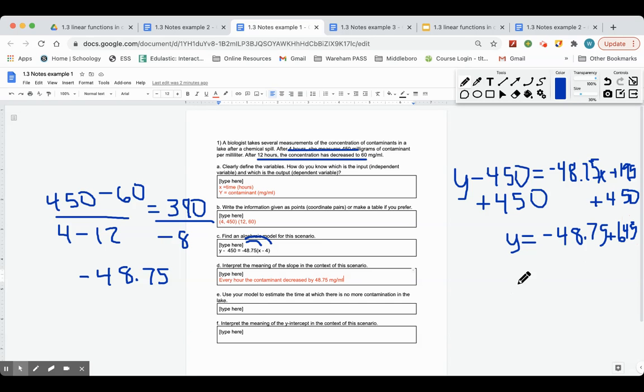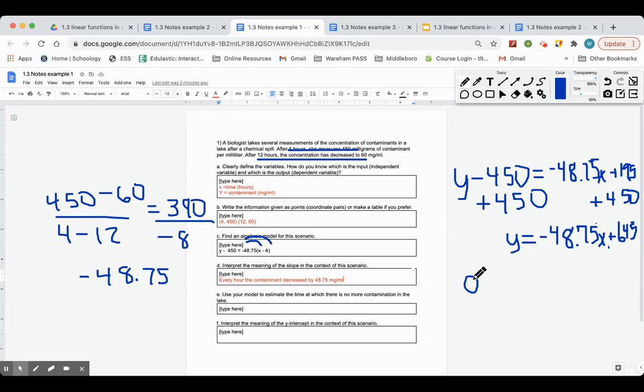I'm sort of running out of room here. So now from here, I want to, oh, I forgot my x. Sorry about that. So from here, I'm just going to erase this and rewrite it so it's a little clearer for you. Okay, so the equation in slope-intercept form will help us because now we want to find out x when y is 0, when there's no contaminant left.